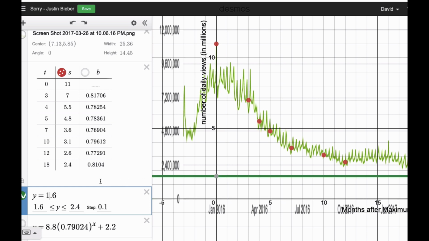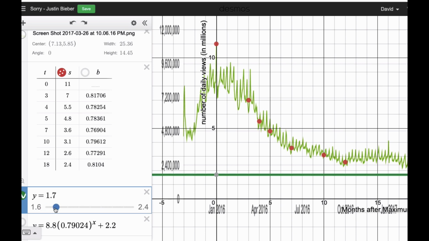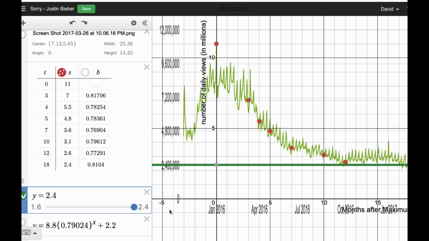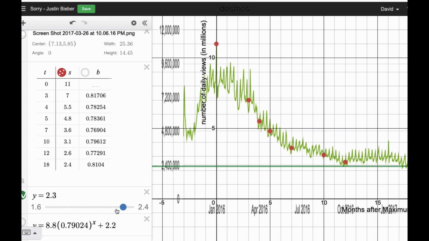I think it's something higher. Granted I've set this up already, 2.4 is a little bit too high. I feel like it's right around 2.2. There are a couple of days that have gone below, but that feels like the bottom edge.